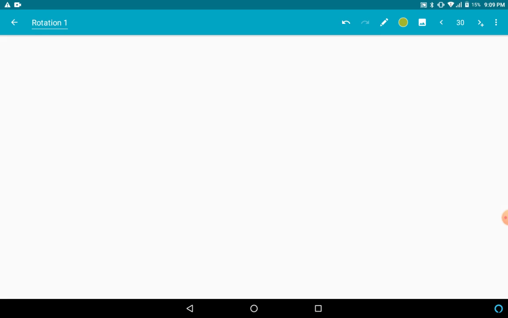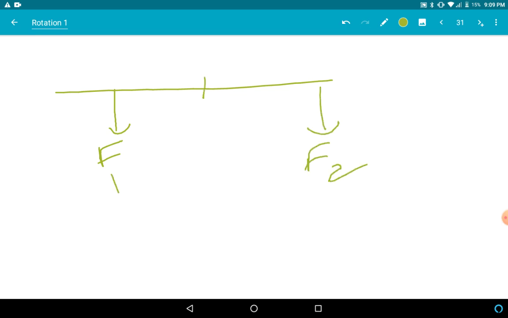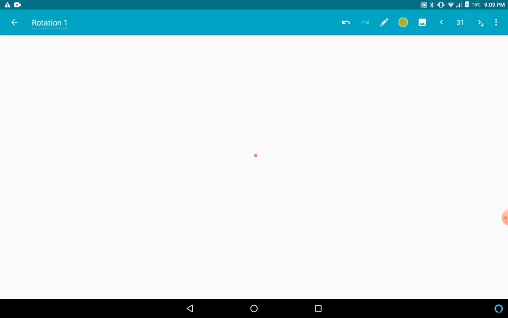Now, for you to understand, let's say this is a rod, a body is hanging here giving a force F1, this is giving a force F2, and this is the pivot. Let's say the distance to here is L1, distance to here is L2. For this force it will move in this direction, for that force it will move in this direction.